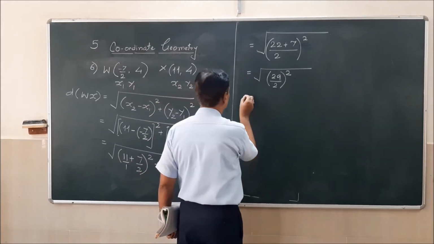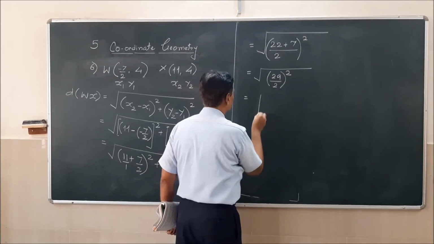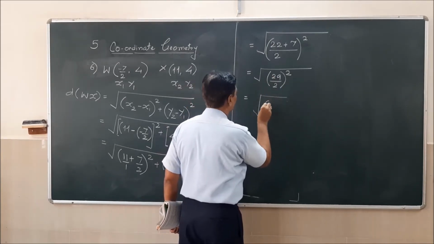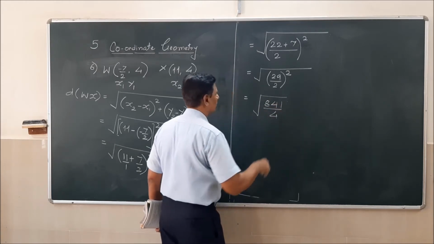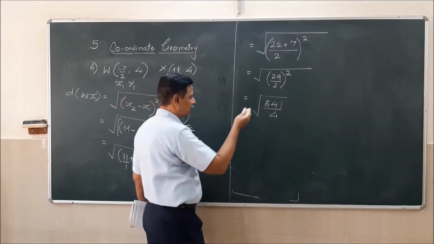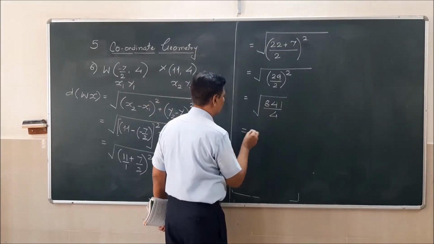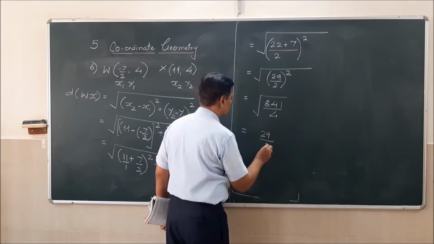Now you may do it this way: 29 square is 841 upon 4. So you will find that the square root of 841 is 29 upon 2.